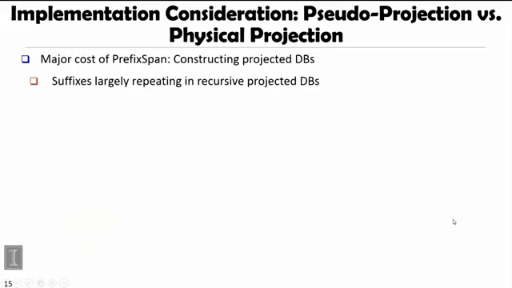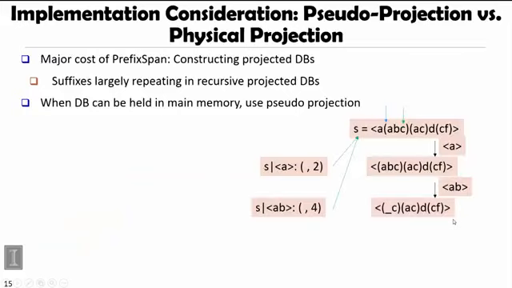So let's look at some implementation tricks. If you do the projection, really taking the sequence to do projection on A, projection on AB, you will get largely redundant subsequences, or you can say postfixes, but they are largely redundant with the original string. However, we do not need to do the real physical projection.